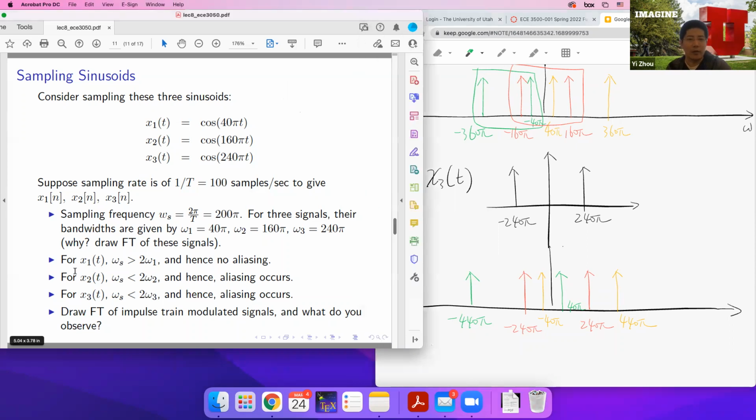Okay. So basically, for X2 and X3, this sampling rate does not meet the Nyquist criteria, which means aliasing will occur in the frequency domain.